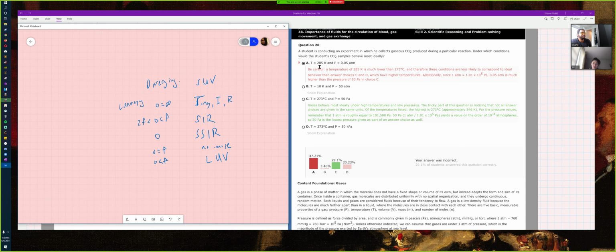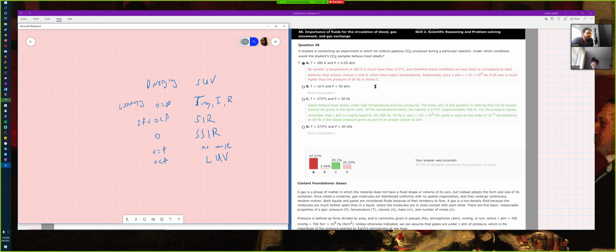So it's best to think of things in Kelvin. 285 Kelvin is 273 plus 12 or so, right? So that's super low, so that's out. 10 Kelvin, super duper low, so that's out as well.